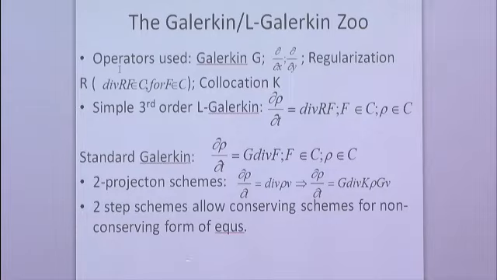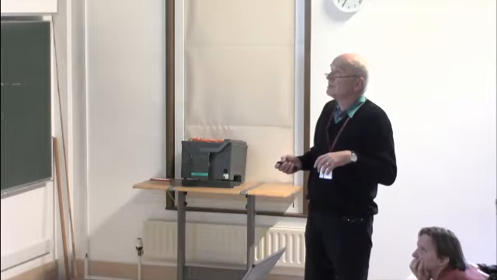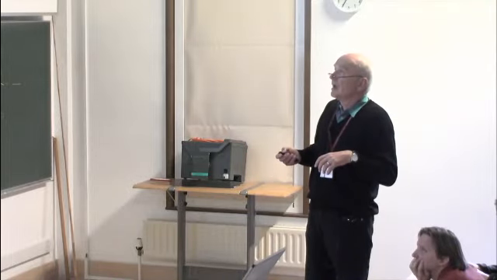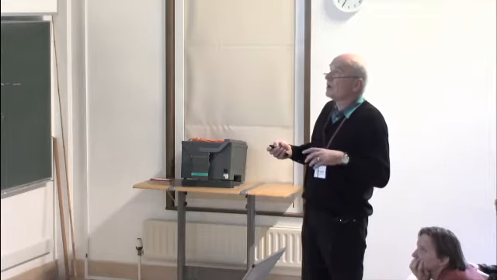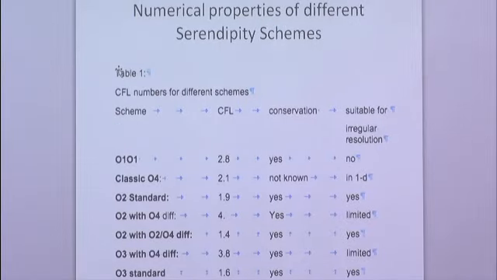And you can have these two, where I have another Galerkin operator, to create a conserving scheme, even if you don't have the conserving equation from the start. I use simple O3, that is, I use the regularization operator and then apply it. So this is what I call simple O3, and then here I have some properties of these different methods.